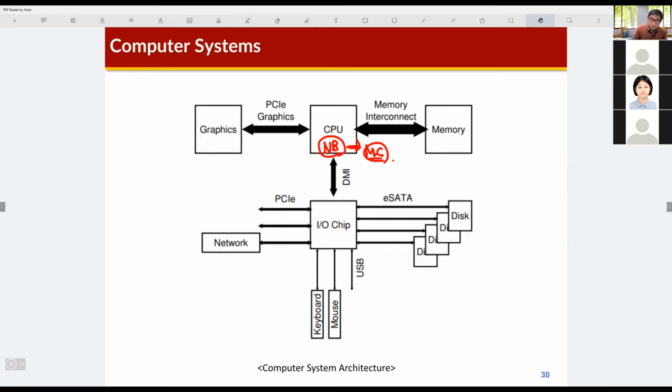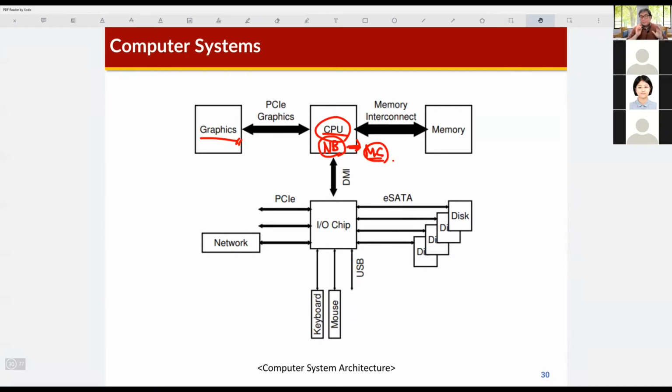This part is included in the CPU chip. And this CPU chip is directly connected to the graphics card, because recently the graphics handles a large amount of data. So data transfer to the graphics card is very critical in computer systems. Recently we use the PCI Express bus as a graphics interface.